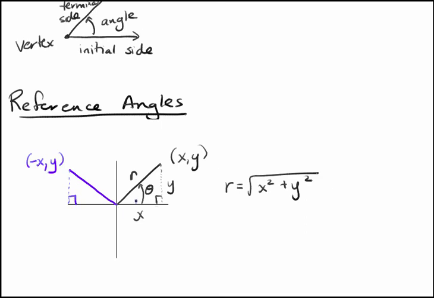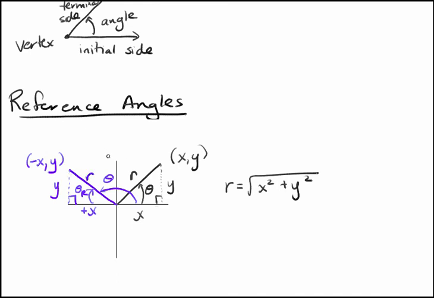This angle would be our theta, but recall that the reference angle, theta r, would be exactly the same amount as our theta over here when we do that reflection. So theta r here is going to equal our theta. This length is negative x, or positive x if we're thinking about the value. This height is y, and again, to find our radius, it's simply the square root of x squared plus y squared, which is r.